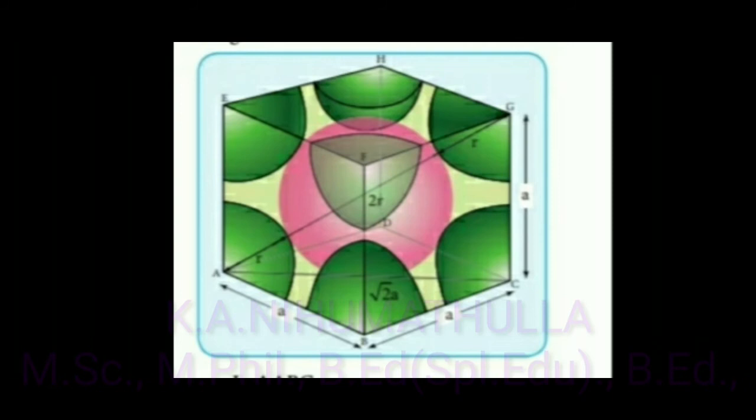The line which is passing through the body center atom is AG. The AG line covers first one semicircle near the point A, the radius is R, then the full sphere of that pink color body centered atom, which is two radii, 2R, and last one semi sphere, another R near G. So totally the line AG covers how many radii? 4 radii.